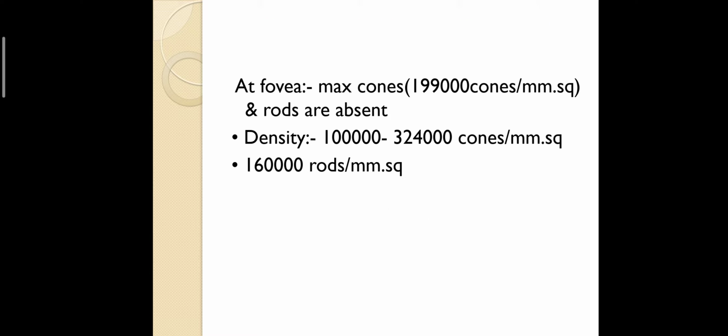As I told you, at the fovea we have the maximum number of cones, and rods are completely absent in the fovea. This is the density of the rods and cones. You can see, though the number of cones is less overall, at the fovea you have the maximum concentration, almost around 199,000 cones per square millimeter. Whereas the concentration of rods, absent in the fovea, in the other parts of the retina is around 160,000 rods per square millimeter, and the cone concentration is very low in the peripheral part of the retina.